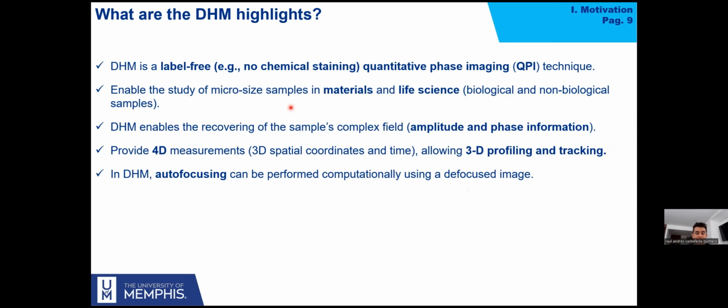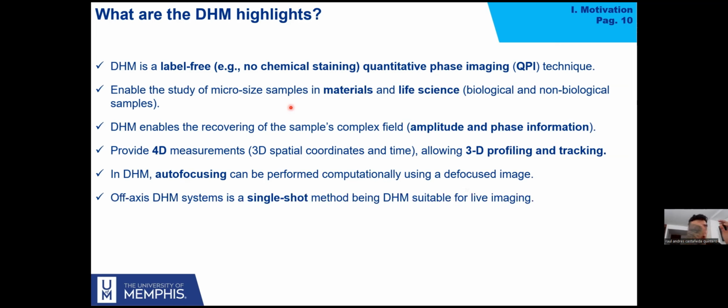DHM is considered an out-of-focus technique. So you can obtain information at different planes, because DHM allows us to retrieve the information of the planes numerically. So it's not necessary to focus the sample with mechanical systems.